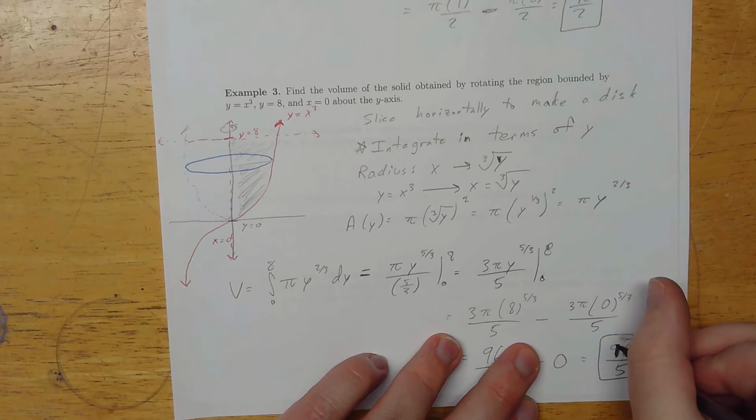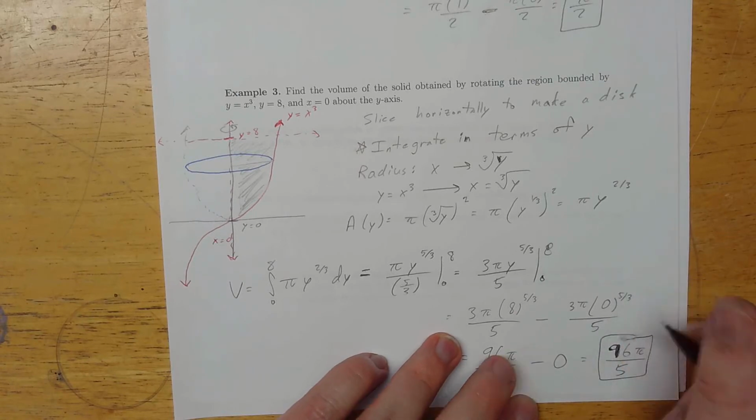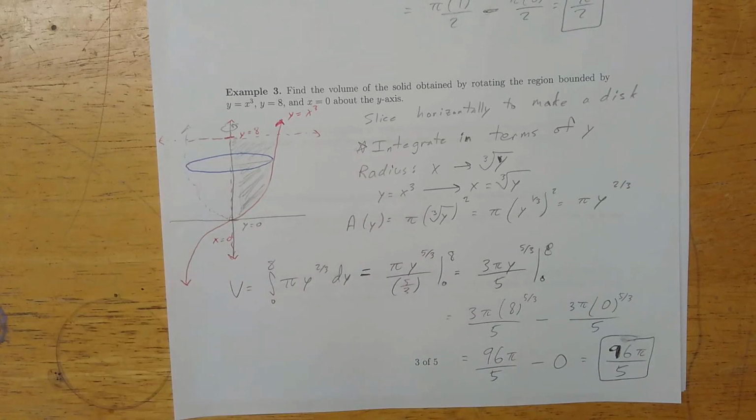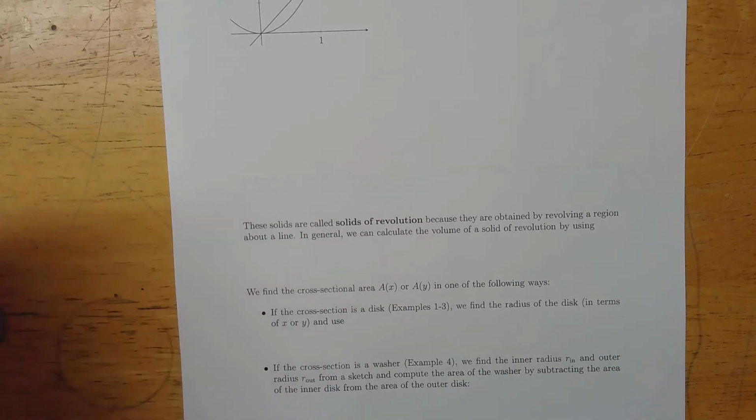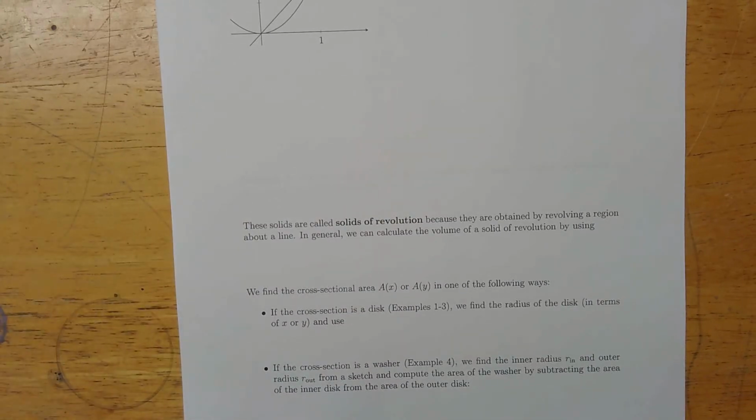Again, most of the volumes that we'll be dealing with are going to be volumes of rotation. So oftentimes we're going to be trying to come up with some sort of area formula that involves a circle. Now, sometimes these circles are going to be a little bit more complicated to come up with.